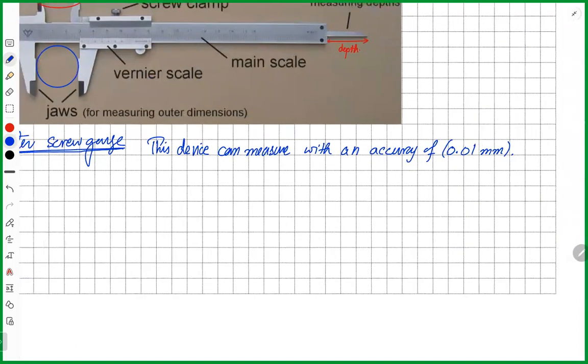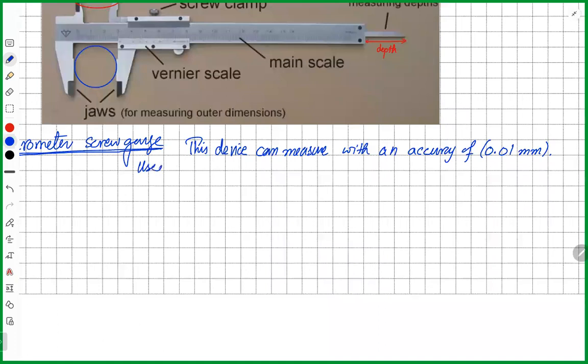Okay? Used to measure very small lengths. For example, diameter of wire, thickness of paper.